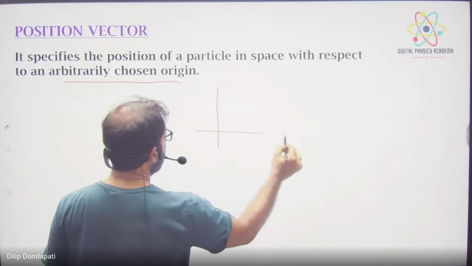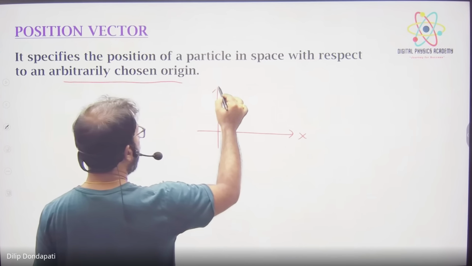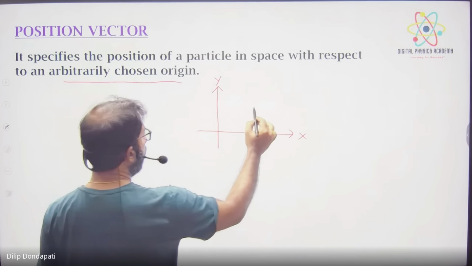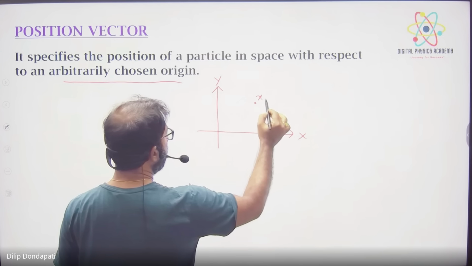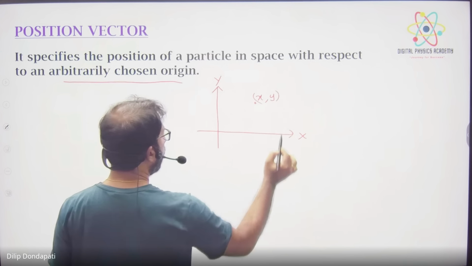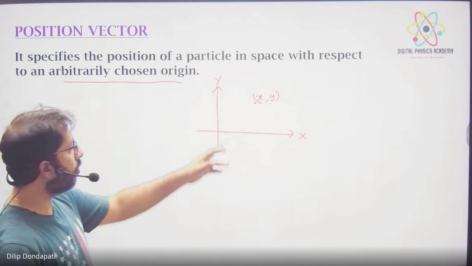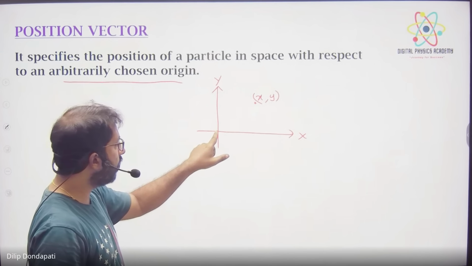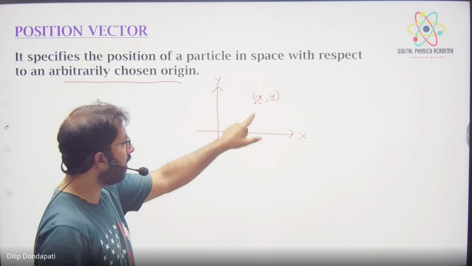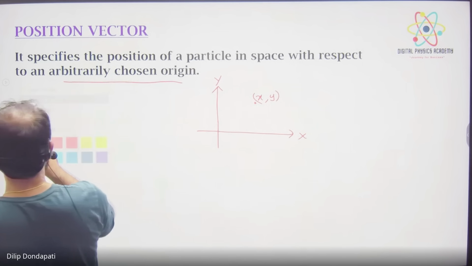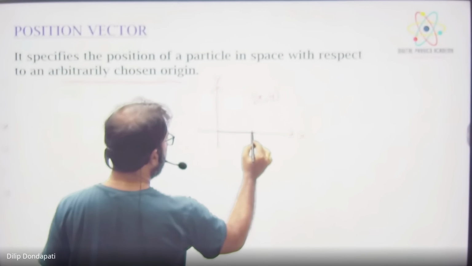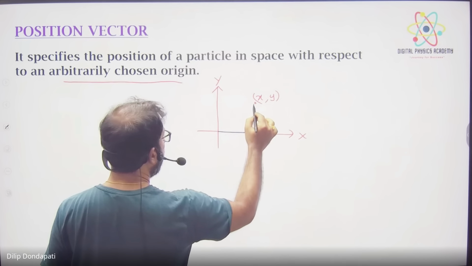Suppose x-axis, y-axis. Point x comma y is there. What is the meaning of point x comma y? The particle went in the x direction and then the particle went in the y direction.